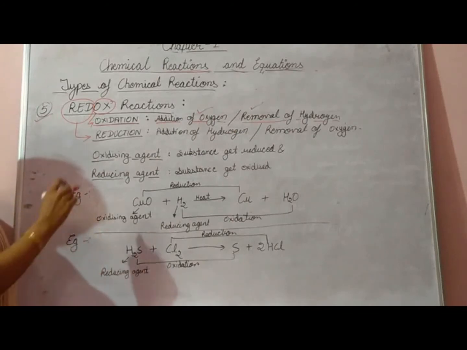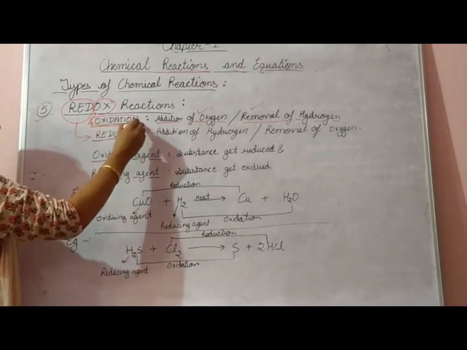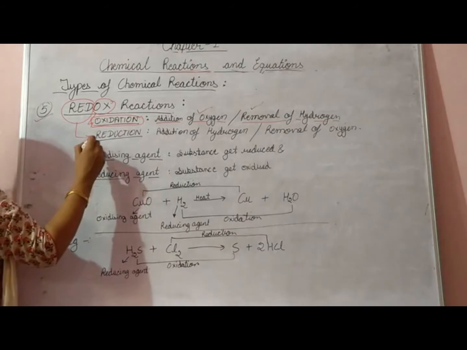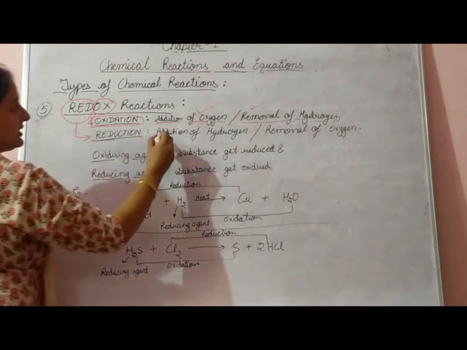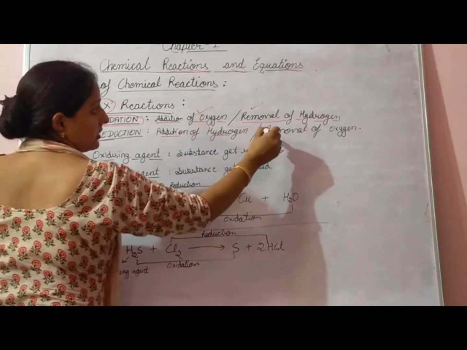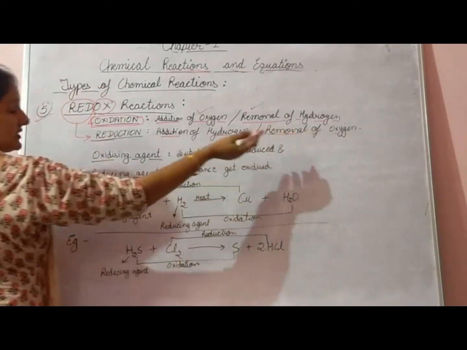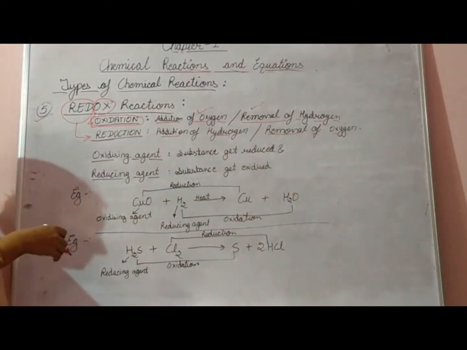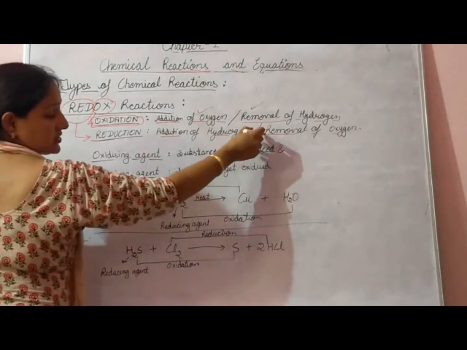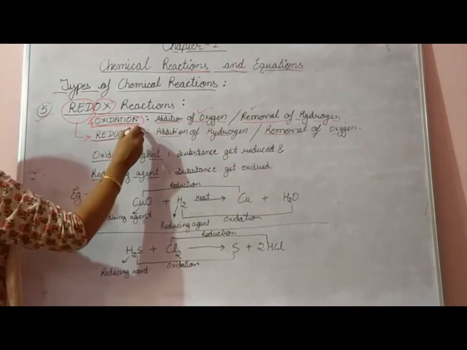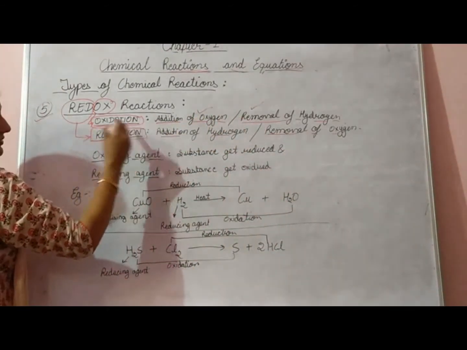Then such a reaction is an oxidation reaction. Next is the reduction reaction. It is the addition of hydrogen or the removal of oxygen. That means either the addition of hydrogen or the removal of oxygen is taking place, then such a reaction will be a reduction reaction.